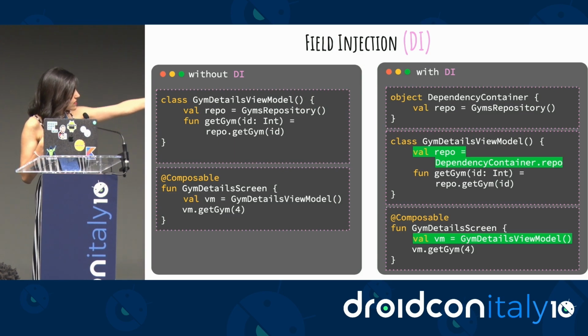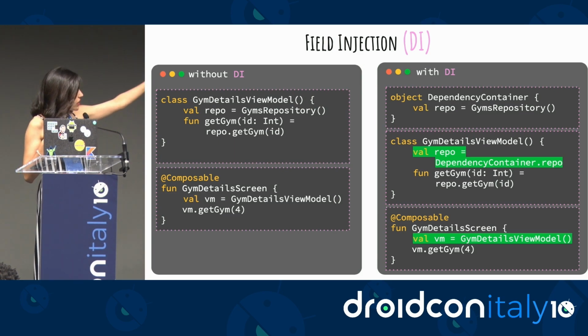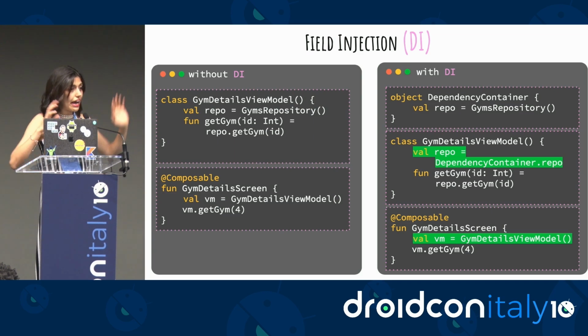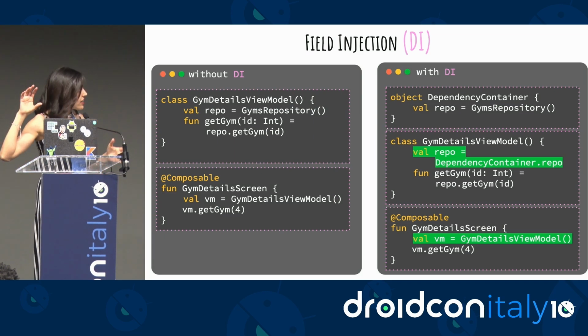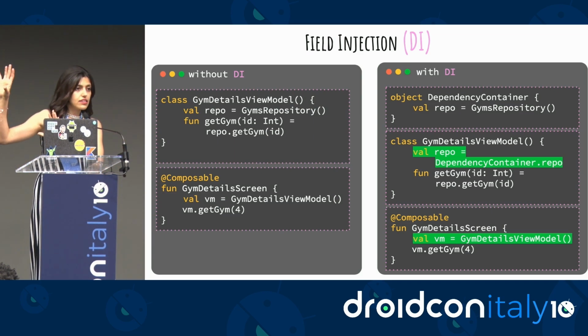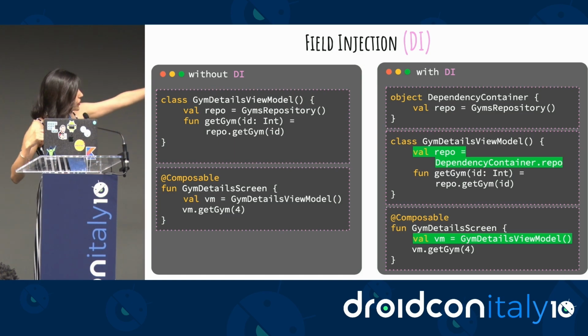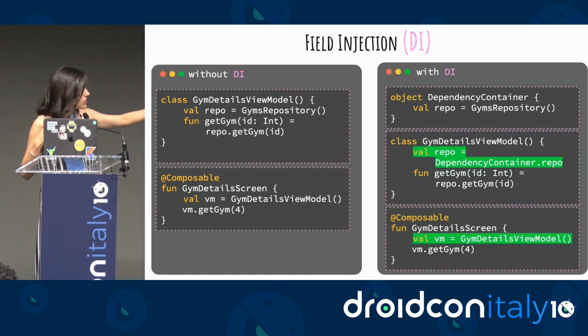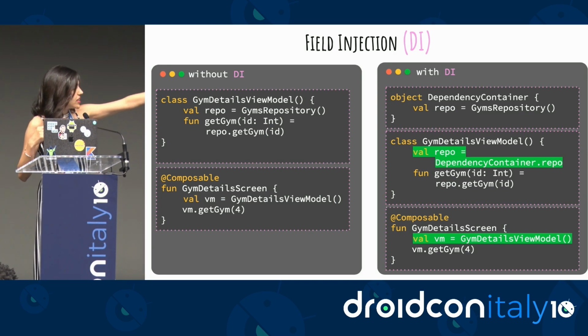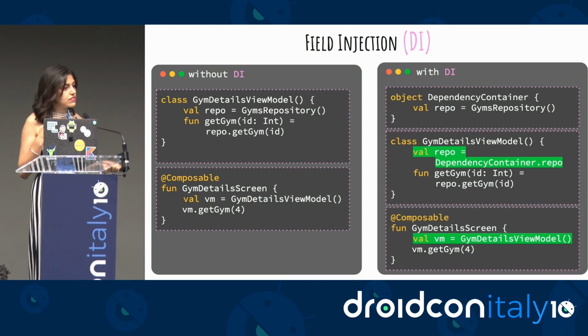On the right side, we do have a field dependency injection, which is we created the container outside the view model, and we still created the instance, but we're just creating it outside the view model, and then we're using that repo instance inside that view model. If you see the difference between the view model here and there, highlighted in green, so repo, we get the instance of the repo from the dependency container.